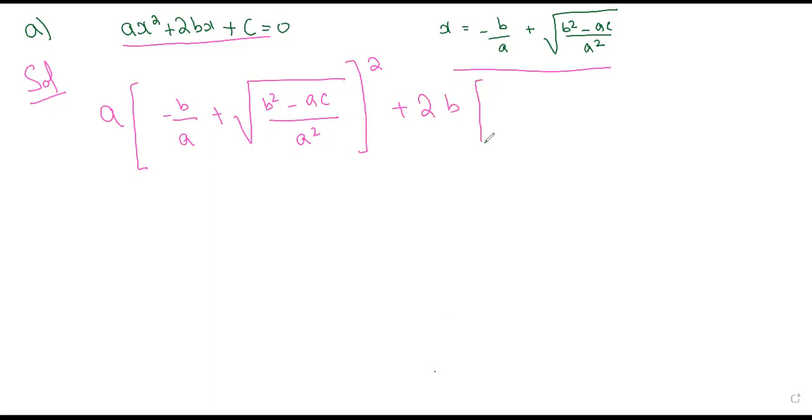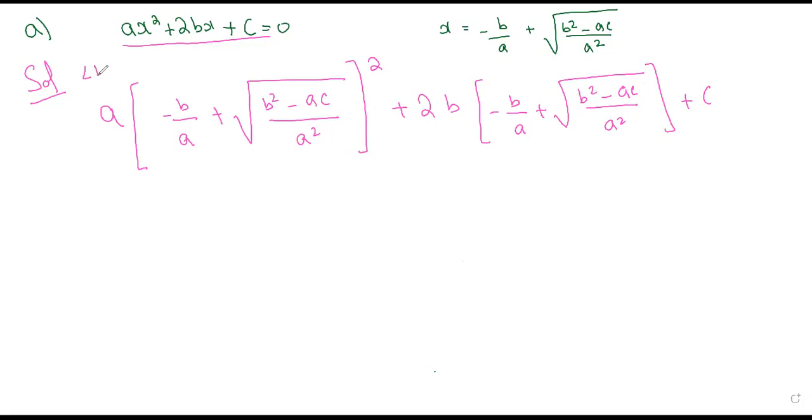It would be a long method, but just for the sake of understanding, you can try doing it. Plus under the root B square minus AC over A squared plus C. Okay, and we'll show that it is 0. We won't write down equal to 0. We'll just simplify this, and at the end, we'll show that this is equal to 0.